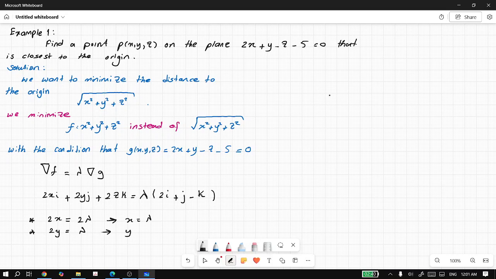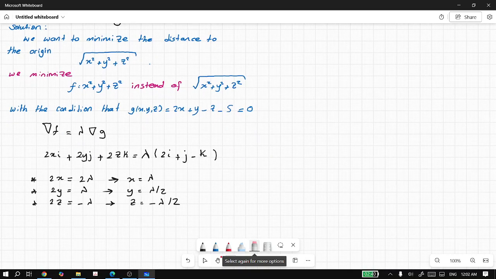So y here is equal to lambda over 2, and we also must have 2z is equal to minus lambda. So from here we get that z is equal to minus lambda over 2. So we found x, y, z using Lagrange multipliers, okay? But the values of x, y, z that we have found are in terms of lambda, so we have to find lambda.